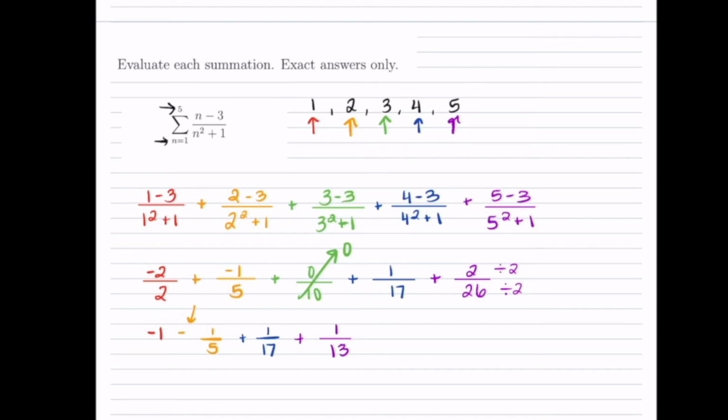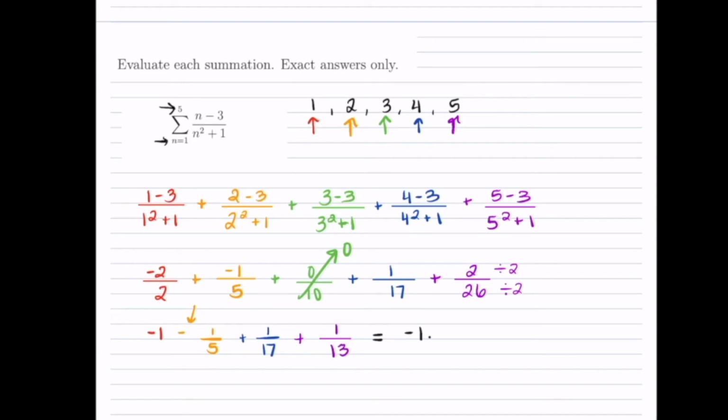Alright, so here's our sum, and then to solve it we can use a calculator. So we're going to do negative 1 minus 1/5 plus 1/17 plus 1/13 equals negative 1.